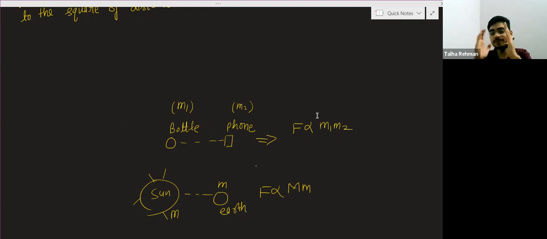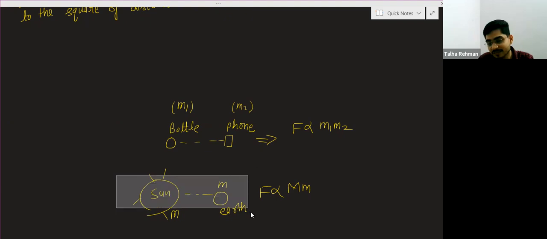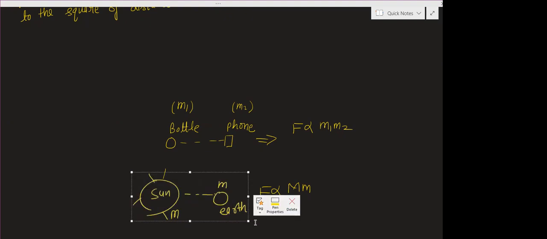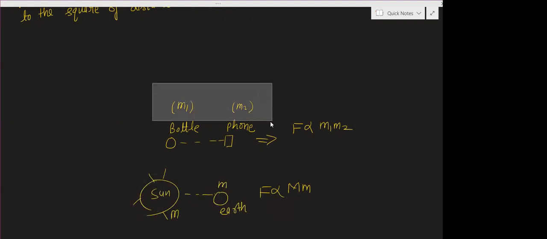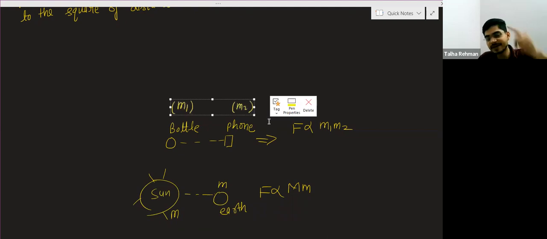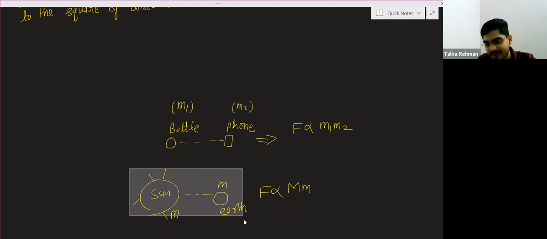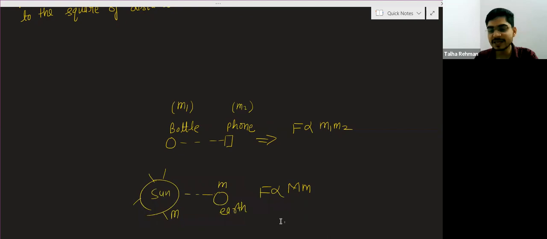If the product of the masses is large, the gravitational force will be large. Here the product of the masses will be very, very small as compared to the product of the masses here. So there will be a very strong force of gravitation between the sun and the earth. Why? Because they have large masses.